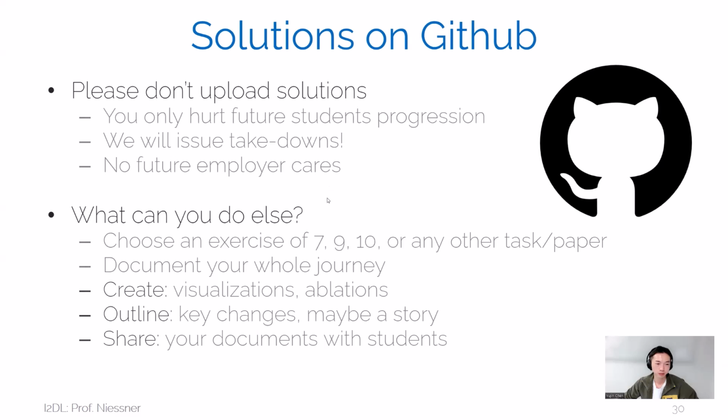But what you can do instead is choose the exercise of later lectures, like 7, 9, or 10, or any other task or paper. You can re-implement it, or implement it based on the current exercise, and then document your whole journey: how you tuned the hyperparameters, how you defined the functions smartly.